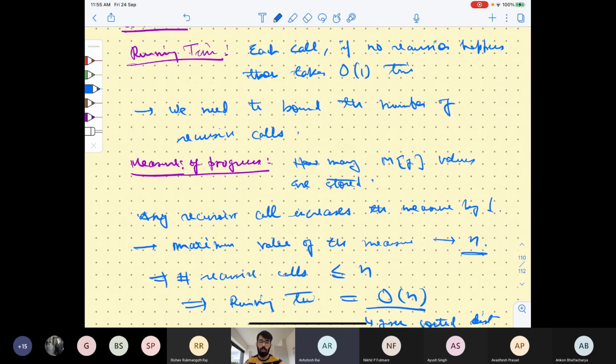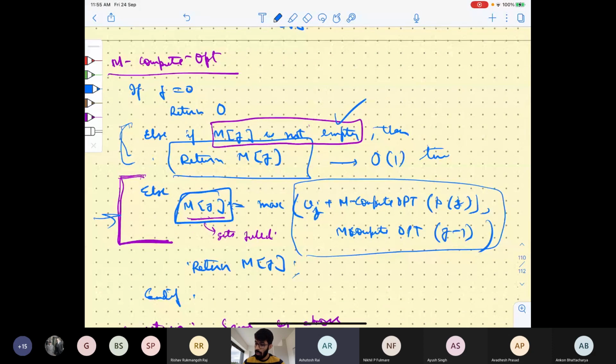We analyze the algorithm using this measure of progress, that the algorithm is making progress, and how many times such a thing can happen. We bounded that, and then we had the whole running time bound for the algorithm. Okay, so good. No other questions?